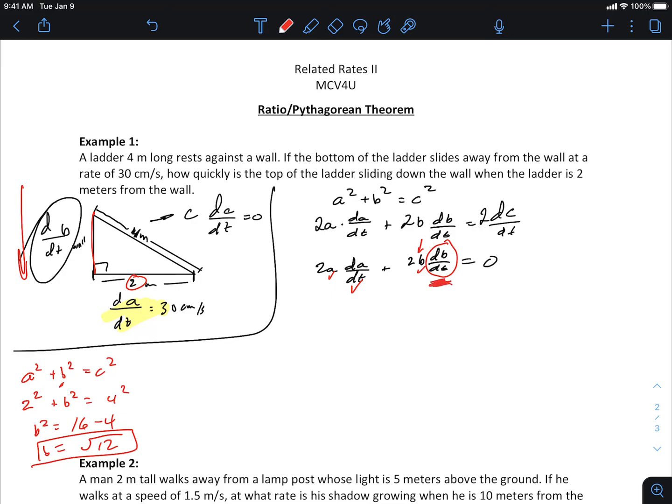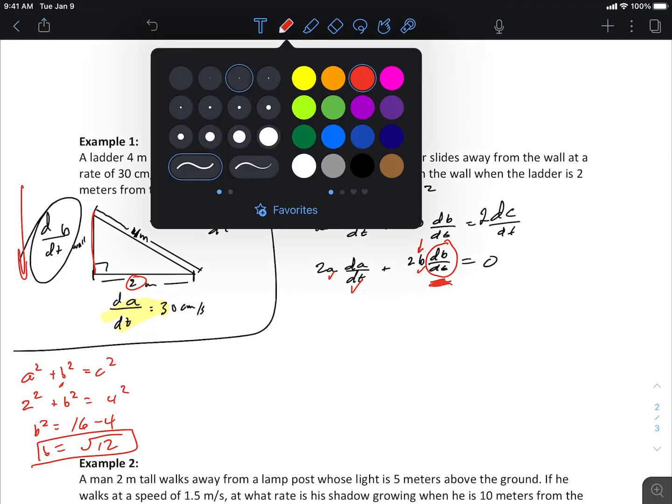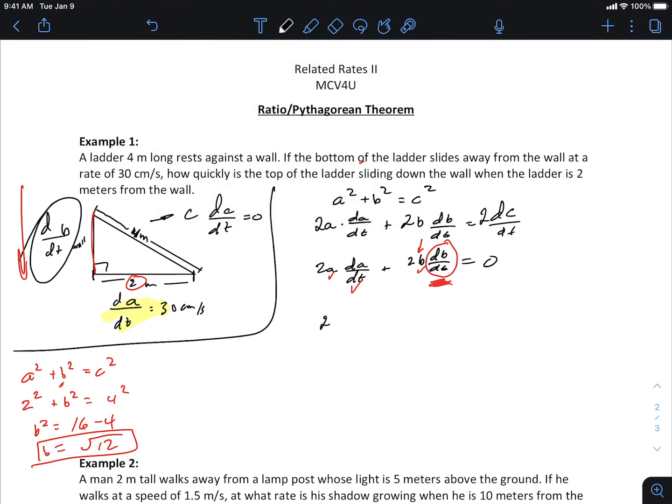Ultimately, the thing that I want to know is the rate at which the ladder is moving down the wall. Okay, here we go. We're going to move this whole term over to the left side, and we're going to see that 2b dB by dt has to equal negative 2a dA by dt.